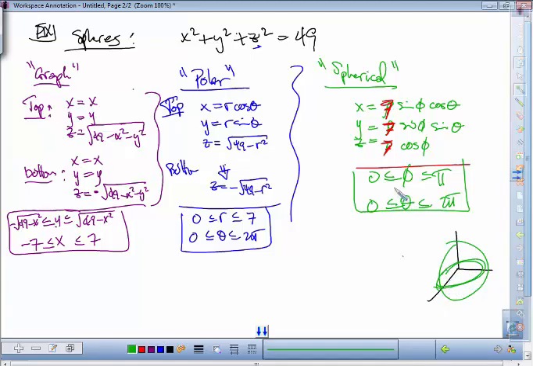But let's take a look at where it actually comes from. It comes from a phi and theta axis. Maybe I should have drawn this a little bit more proportioned. Phi goes from 0 to pi and theta goes from 0 to 2 pi.